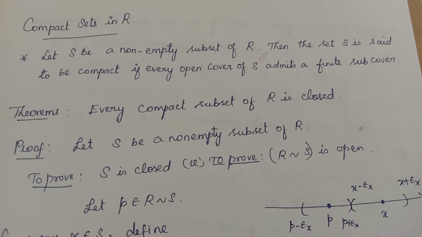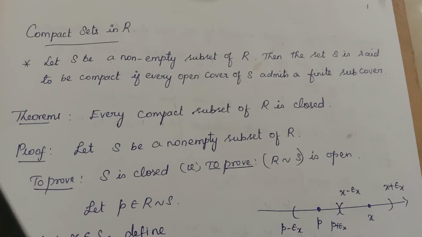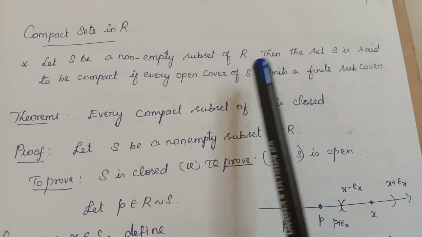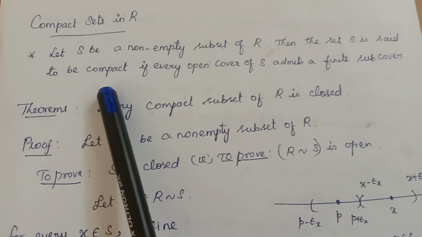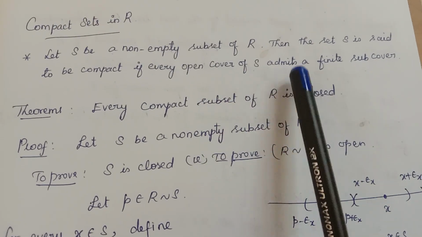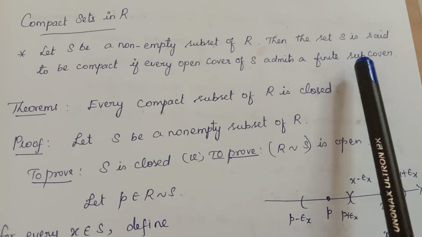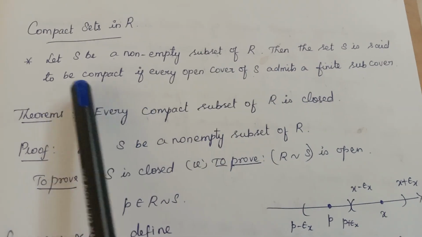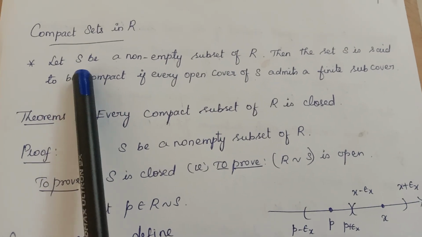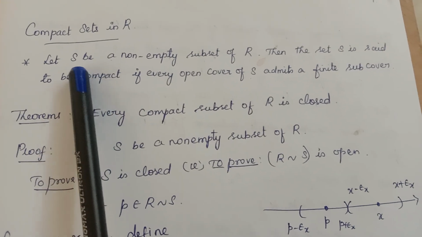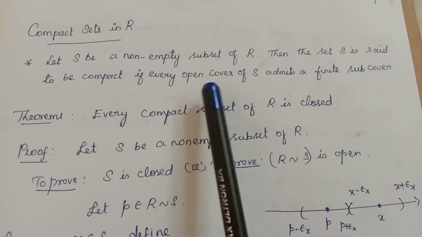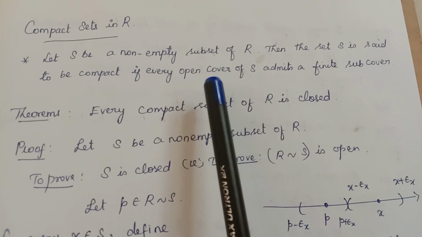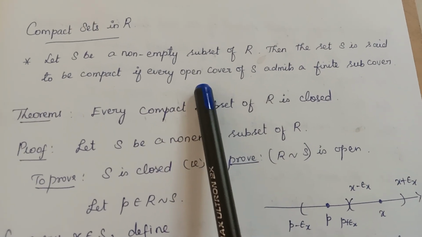First, let's start with the definition. Let S be a non-empty subset of R, then S is said to be compact if every open cover admits a finite subcover. That means I am taking one non-empty set. This non-empty set is going to be covered by an open cover. Open cover means union of open sets.